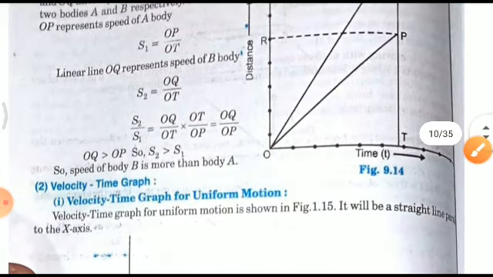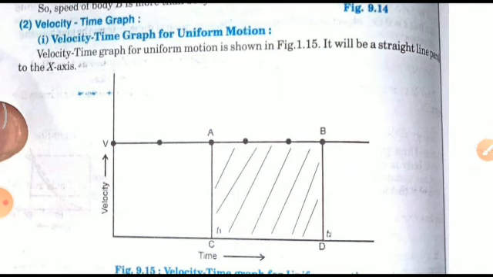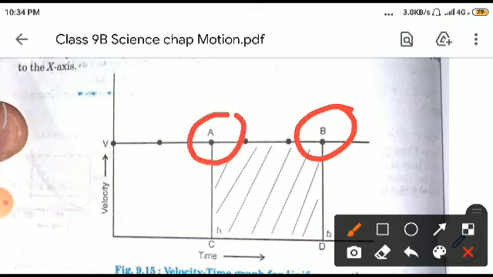Now this is the velocity time graph. It can be interpreted. Velocity is the same, but the time is moving. What does that mean? That the body at B traveled more at a uniform speed, whereas the body at point A did not travel more with a uniform speed.